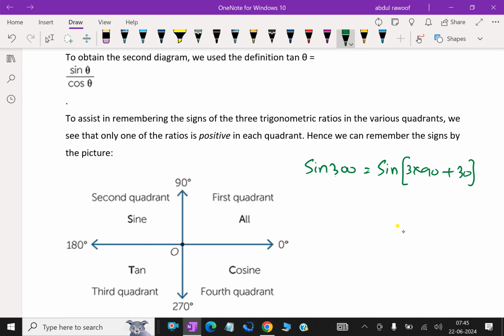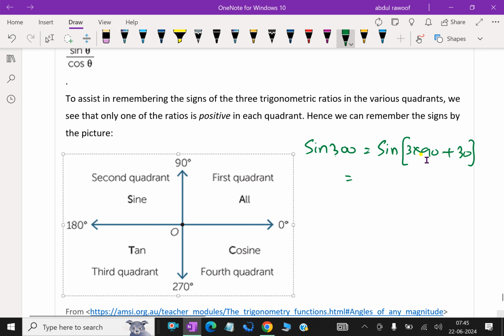So this is an odd multiple of 90, so sine becomes cos. Look here, this is 30, right? This is a cofunction, cos 30. Then the total is 300.